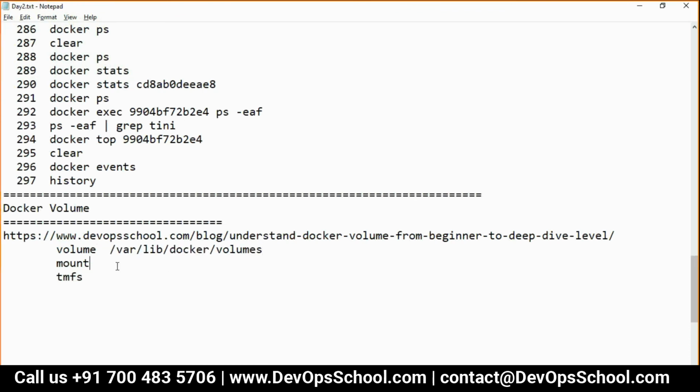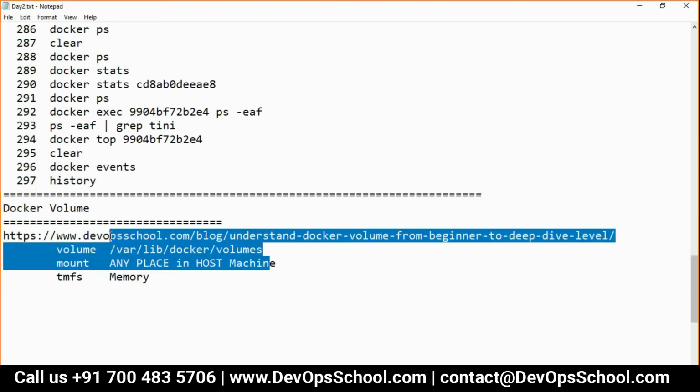The mount, which you use, can be any place in the host machine other than this. And this one is in memory. If the storage is in memory, you know that is flash, it is very fast actually. Mount and volume, these are the things.